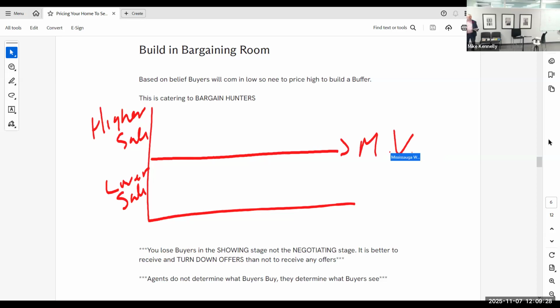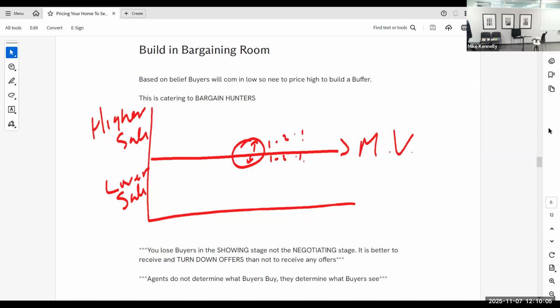Now, we have traditional markets, traditional buyers that are out there, and for them, they're like a bullseye. They're aiming for a target. You ever shot darts? Well, they're looking for that bullseye. And for them, that's the market value. It could be a little bit up, could be a little bit down. Could be 1 to 2% up, 1 to 2% down. That's where the vast majority of your buyers today are. The 22% that are buying, 20% of them are those types of buyers.